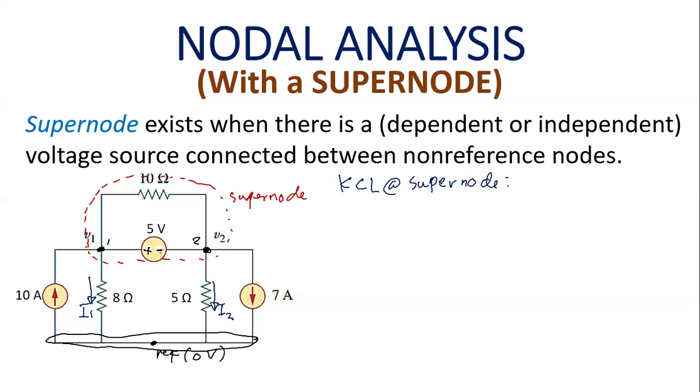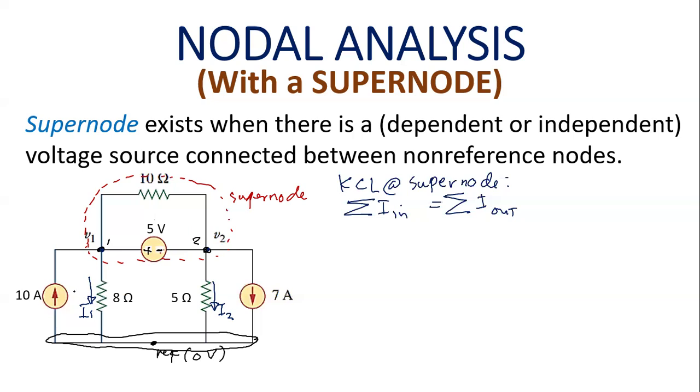Current in is equal to current out. This time, the node is a supernode that consists of node 1 and node 2, and we treat it as one node.